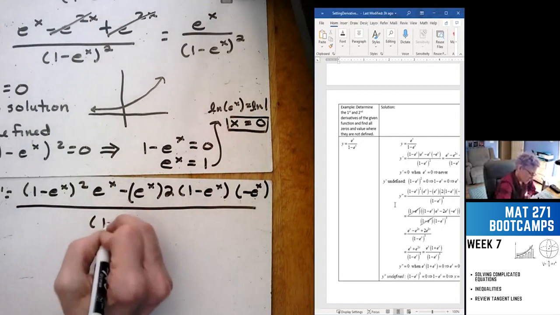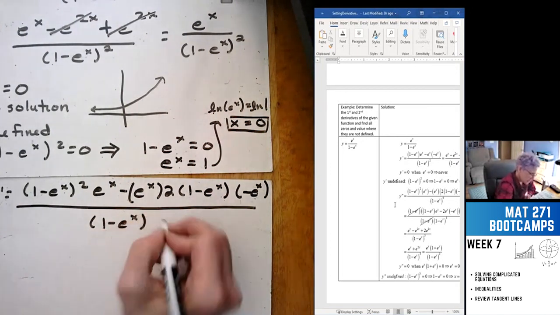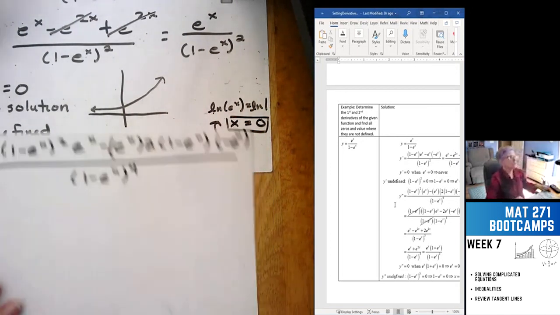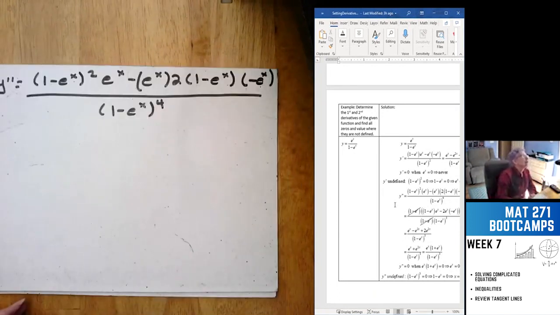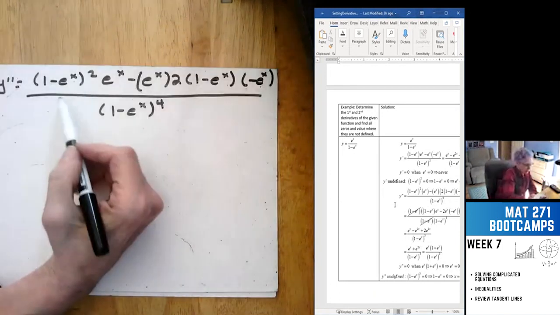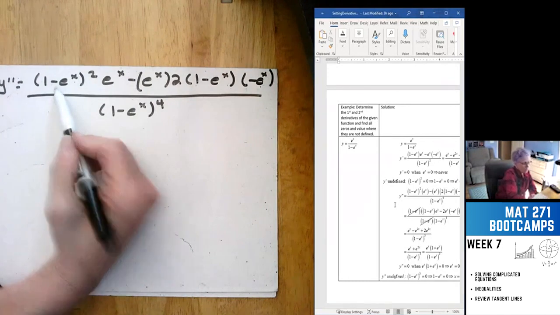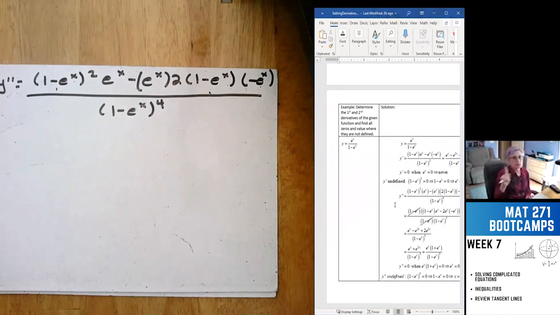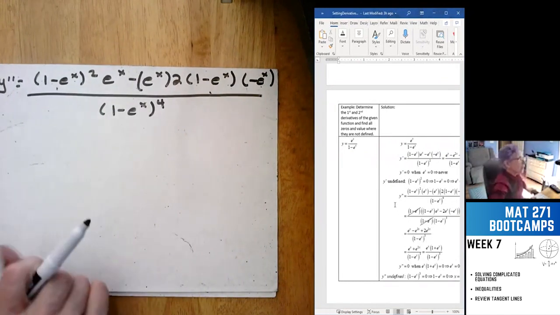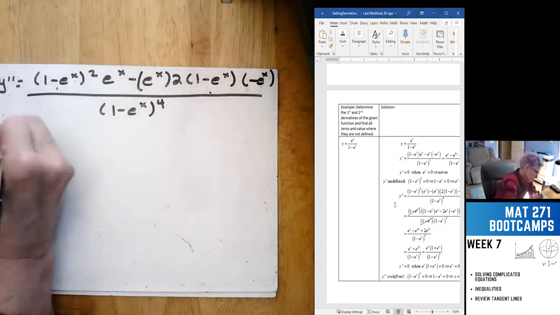All of that is over 1 minus e to the x squared, which is the 4th power. Well, oh, we have 1 minus e to the x here and 1 minus e to the x here. So we can do that little trick that we learned in problem number 1 of factoring out a 1 minus e to the x.